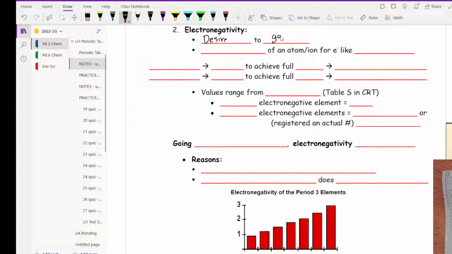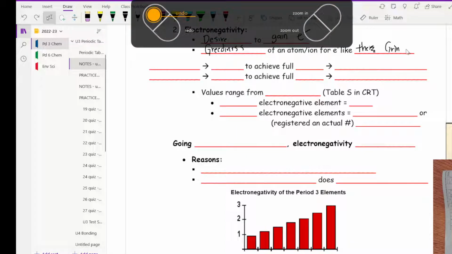So how badly does every element want to gain an electron is a measure of electronegativity. You could describe it as its greediness of an atom for an electron, just like the Grinch.